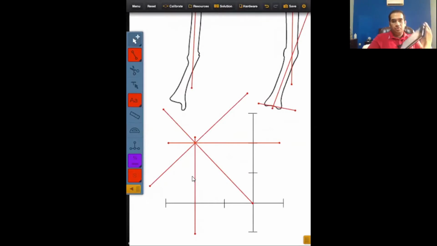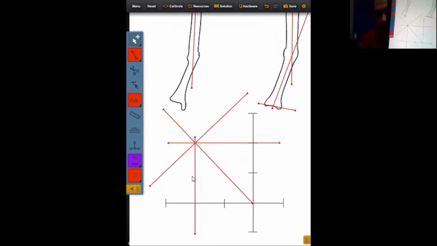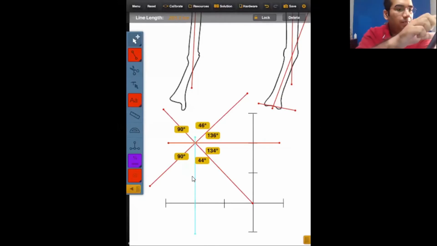Let me show you, if you can all see this. What I will do now is place an appropriate size ring, centered over the bone.